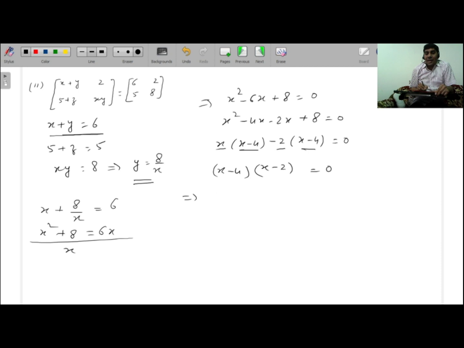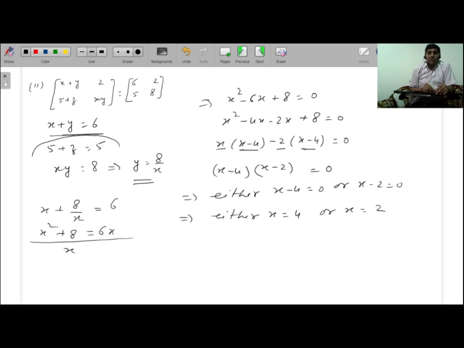This implies either x minus 4 is equal to 0 or x minus 2 is equal to 0, because we know that if the product of two numbers is 0, then one of them must be equal to 0. This implies either x is equal to 4 or x is equal to 2.